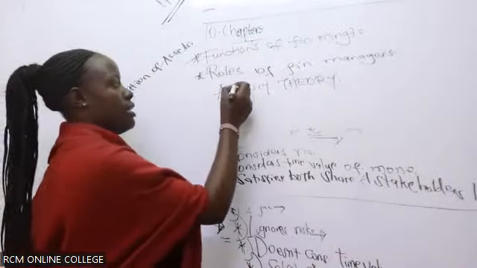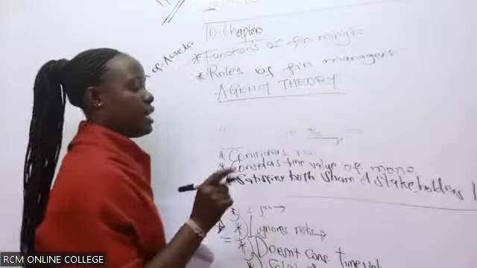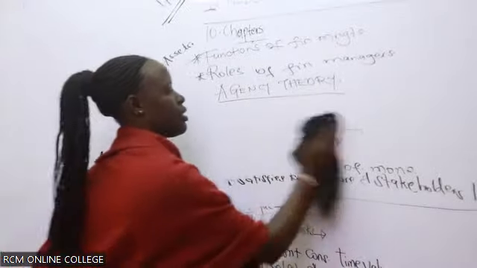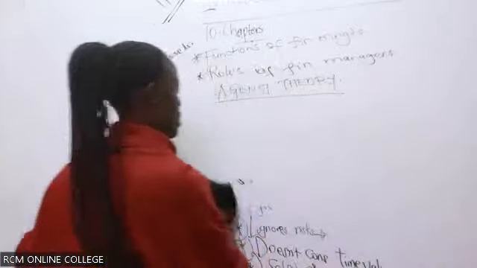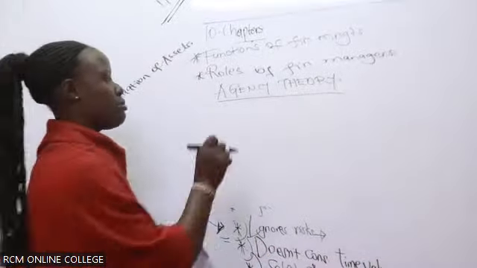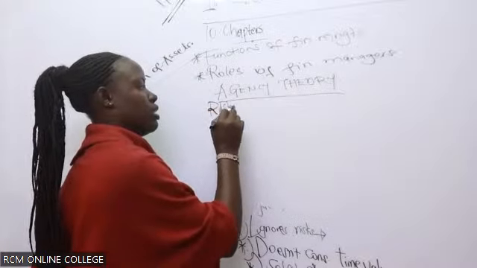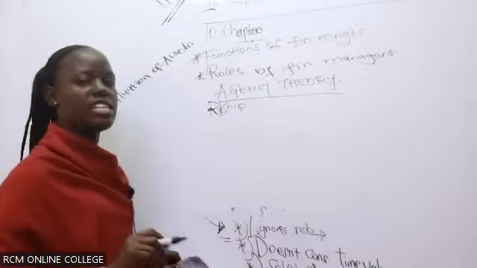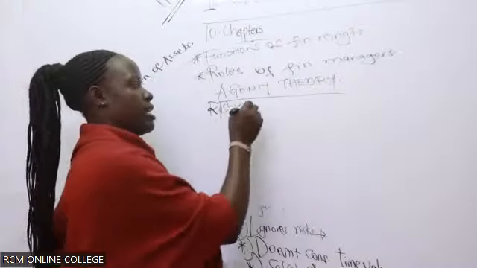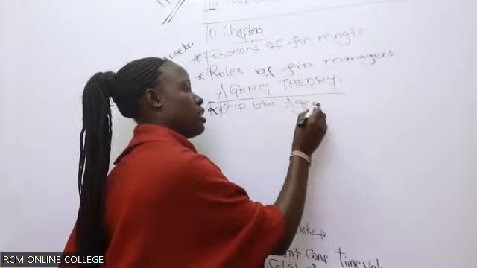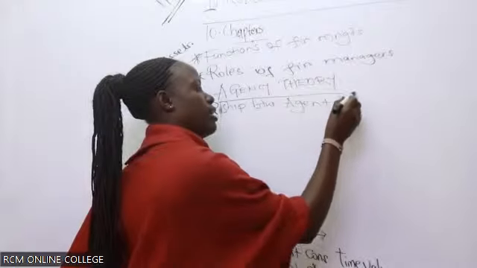Let's briefly look at agency theory. Agency theory is a relationship between an agent and the principal.